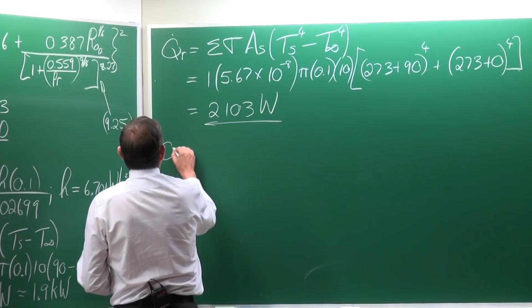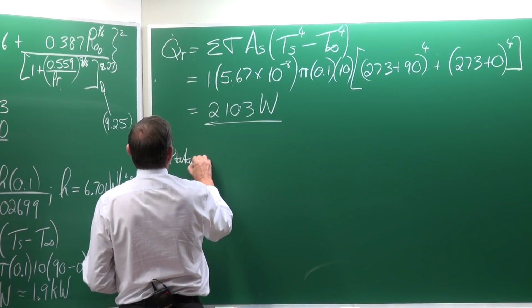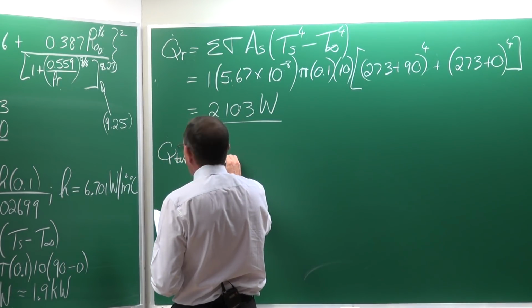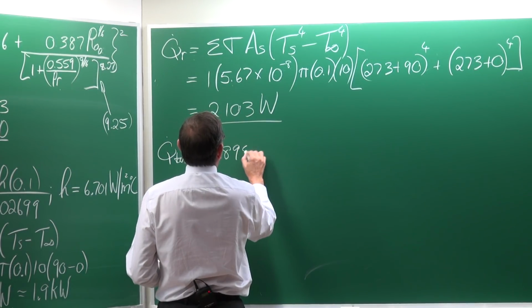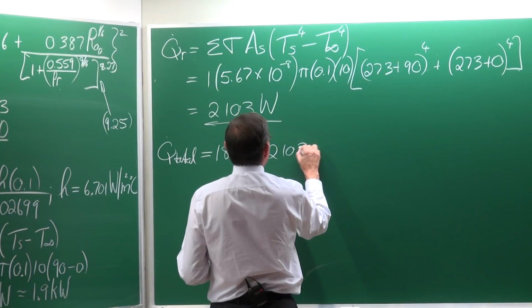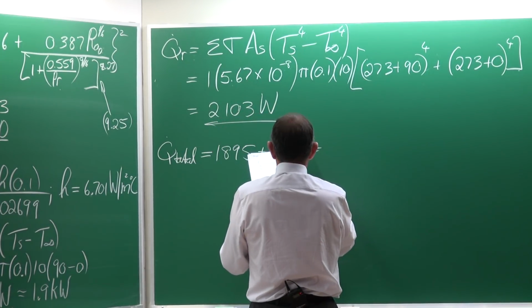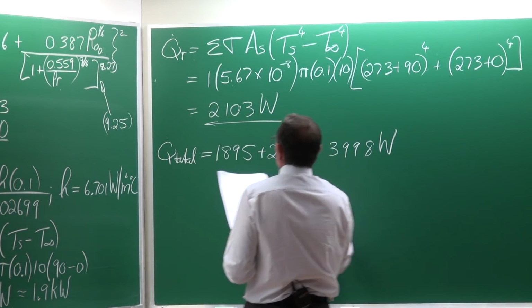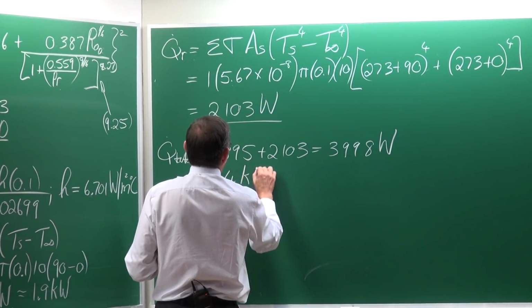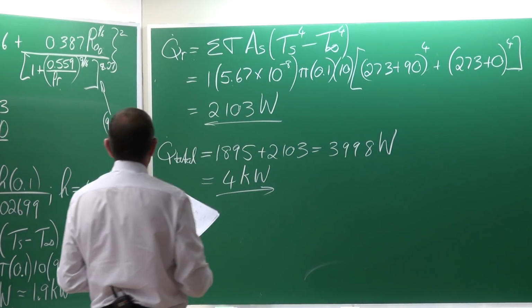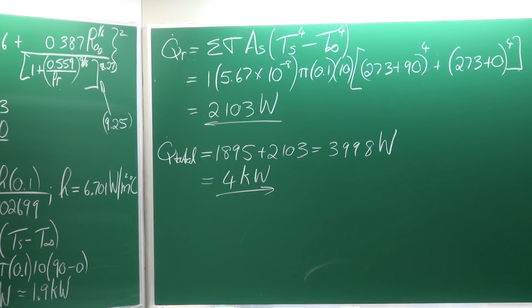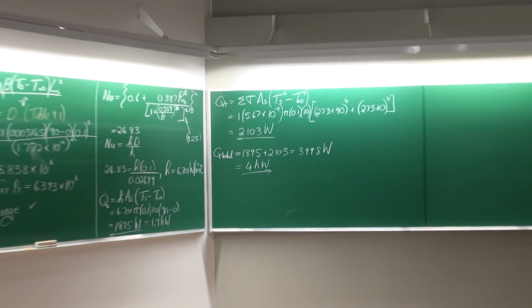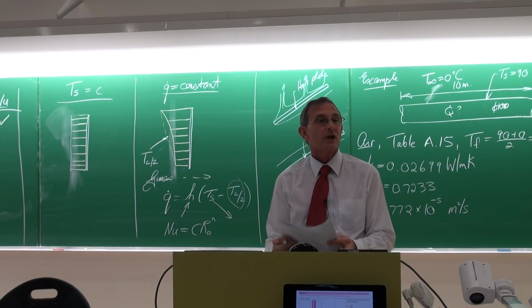So if we look at the total heat transfer rate, which is equal to 1895 plus 2103, that works out as 3,998 watts, which is equal to 4 kilowatt. 4 kilowatt of heat losses to the environment. You happy with that?